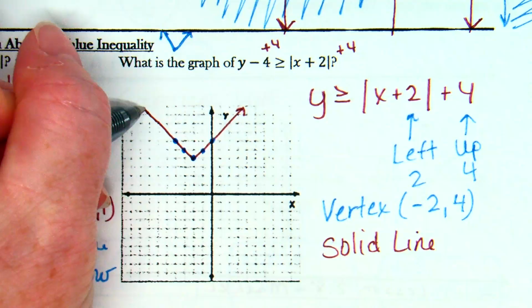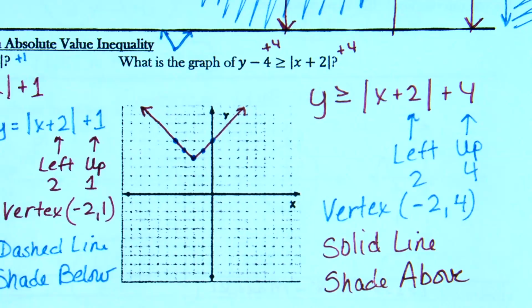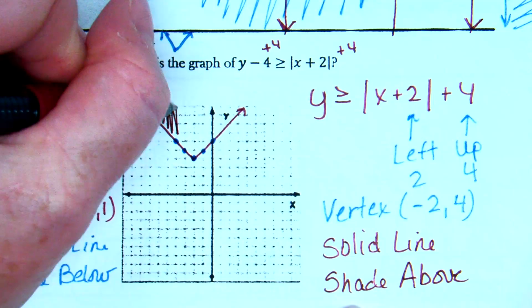And final question, where do we shade? Above, because it's greater than. Where is above on this graph? In this case, it's inside the V.